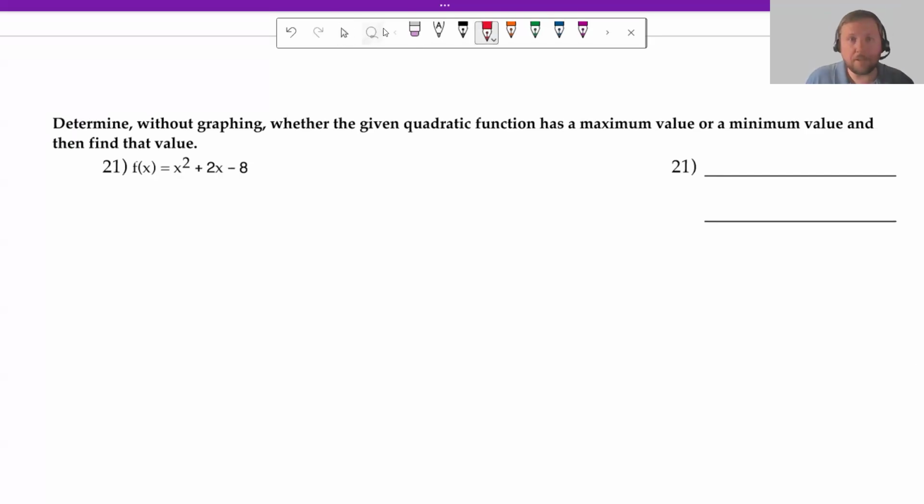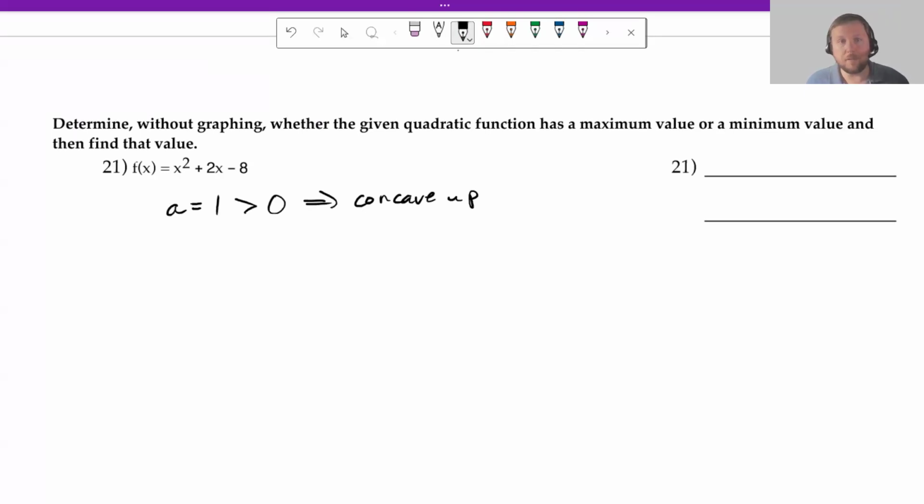Determine without graphing whether the given quadratic function has a maximum value or a minimum value, and then find that value. So we can see that the a is equal to 1, which is greater than 0. That's positive. This means that it is concave up.